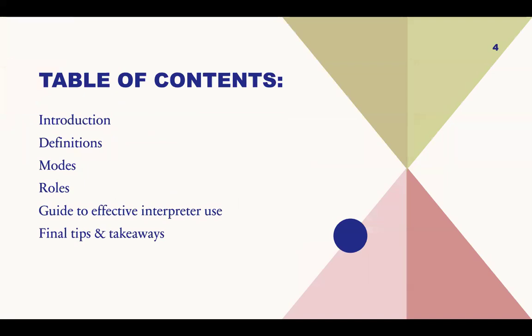Today, we'll be talking about a little bit of an introduction to our webinar and ourselves. We'll be going over some definitions that are important to remember for this webinar. We'll be talking about modes of interpretation, the roles of the interpreter, a specific evidence-based guide that is used for effective interpreter use, and then we'll be ending with some final tips and takeaways.